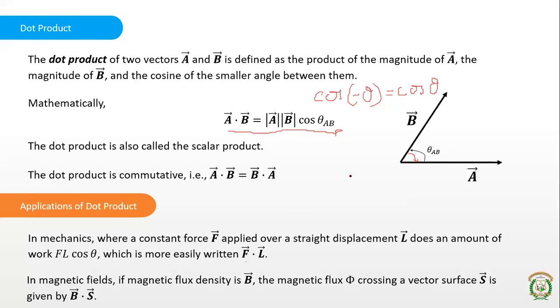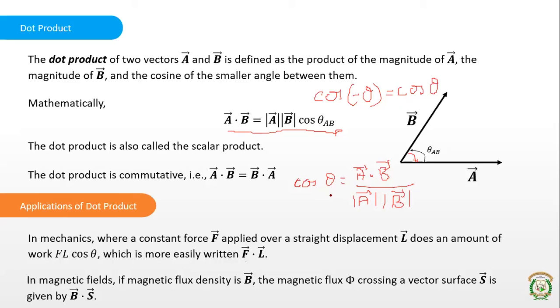From this you can write cos theta is equal to A dot B divided by the magnitudes of A and B. Then theta is cos inverse of this. The angle between vectors A and B can be found by cos inverse of A dot B divided by the magnitude of A into the magnitude of B. So that is also another important application of the dot product.